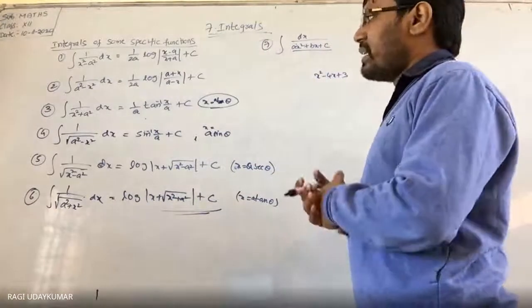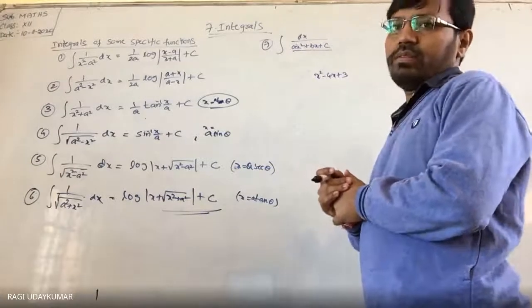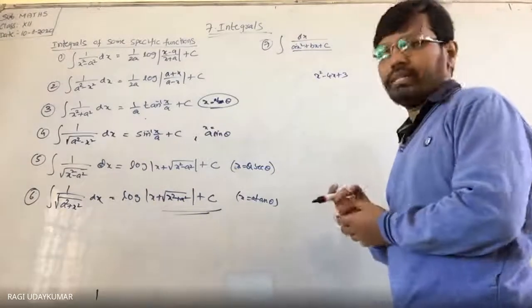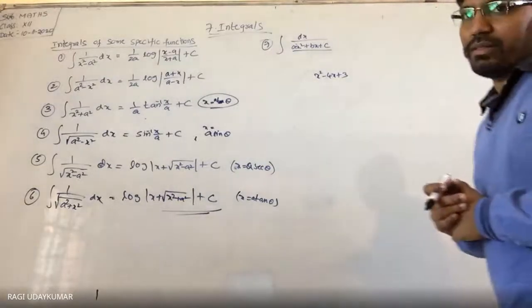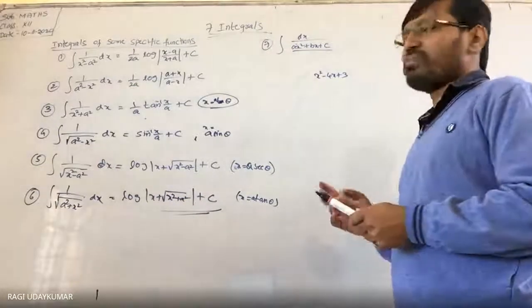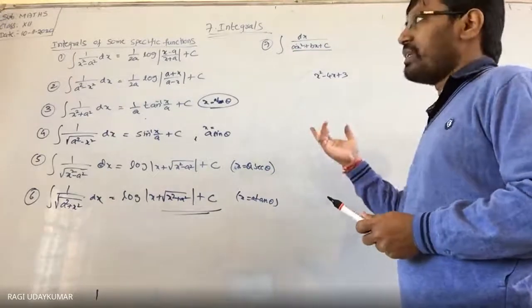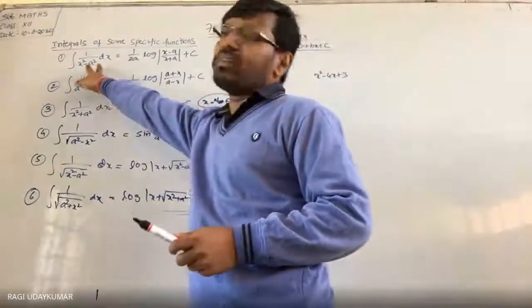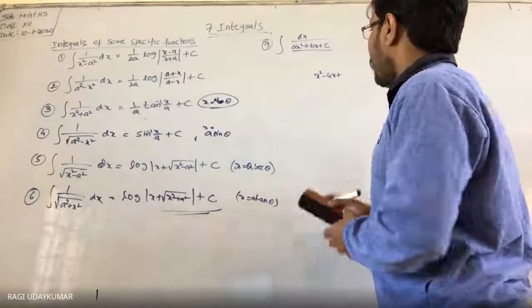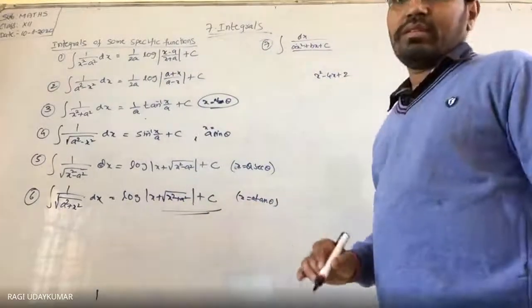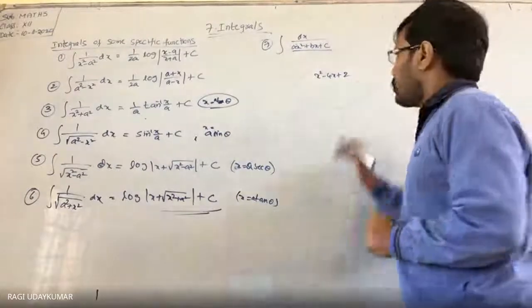Actually, this can be split in the form of x minus 3, x minus 1. So you are going to get this one directly in the product form. Suppose you have a 2 here, then what to do?